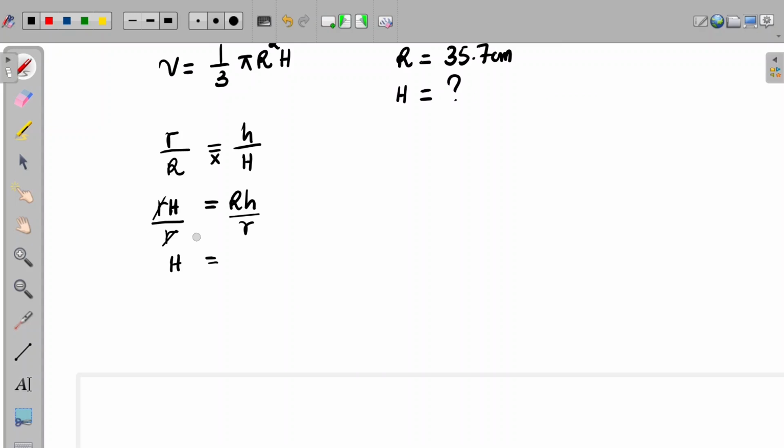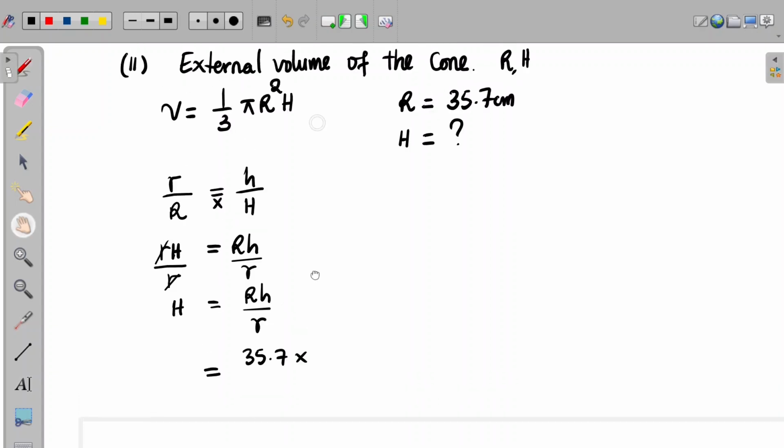So we substitute. So say equals capital R, I said it was 35.7, 35.7 times height. Height was found to be here like 27, I think. Yes, height is 27 here.